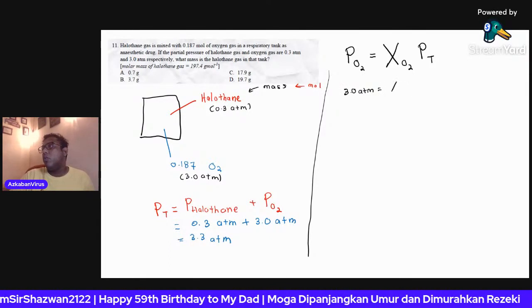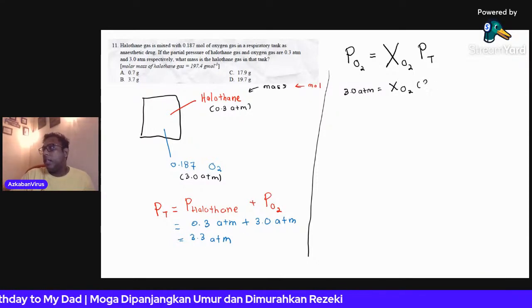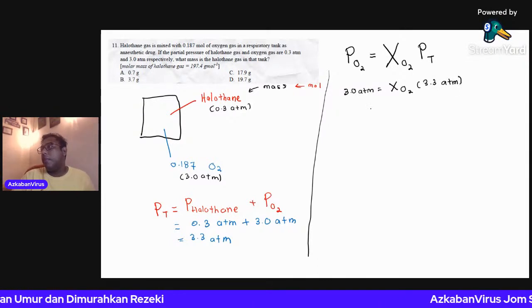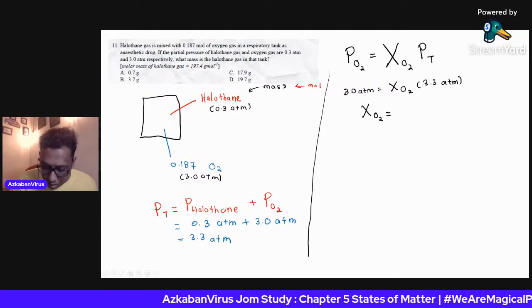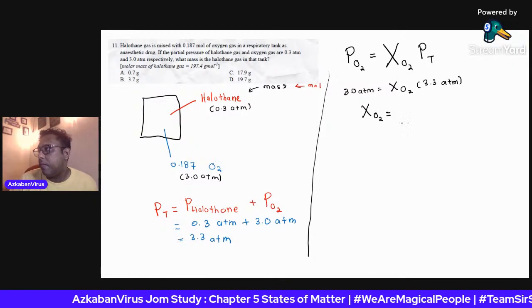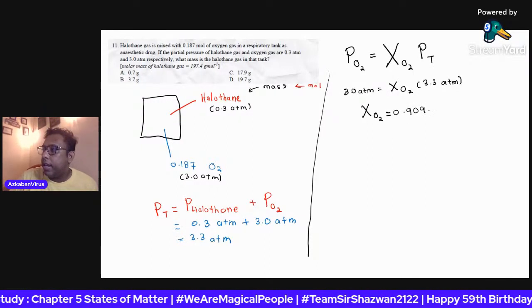Mole fraction of O2 kita nak cari, darab dengan P total kita adalah 3.3 atm. Kita akan dapat mole fraction of O2 is equal to 0.9091.